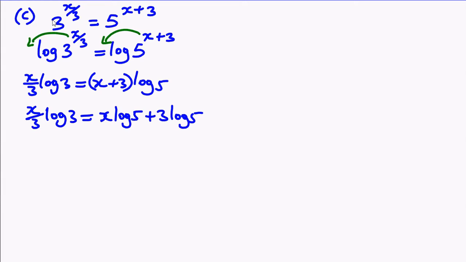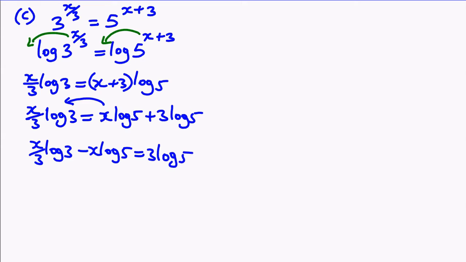Move the x's to one side. So x over 3 log 3 minus x log 5 is equal to 3 log 5. Factorize x outside the bracket.